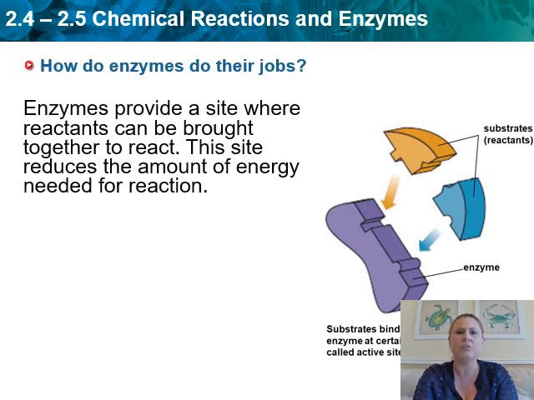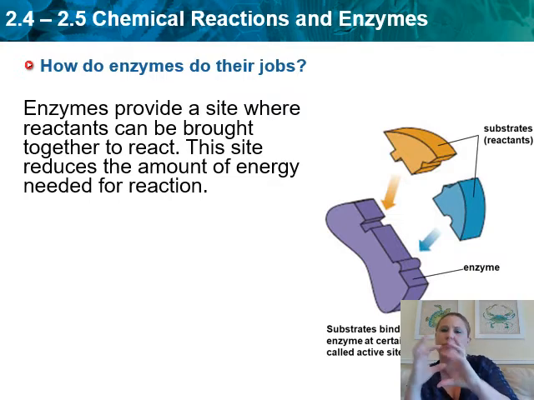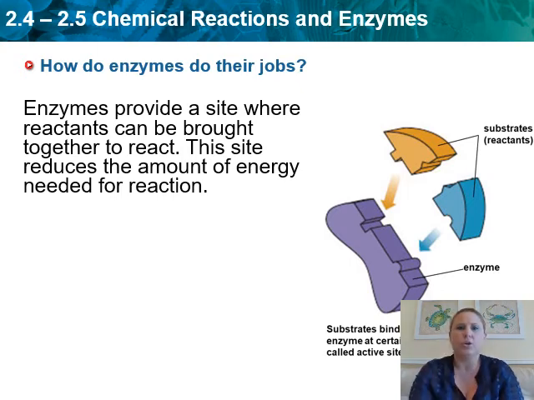Now, how do they do their job? Well, enzymes provide a site where they can bring the reactants together to react, okay? So it's kind of like a puzzle. We put these things together, all right? The site reduces the amount of energy needed for that reaction. When those reactants get brought in, they sit right there on the enzyme and they react.